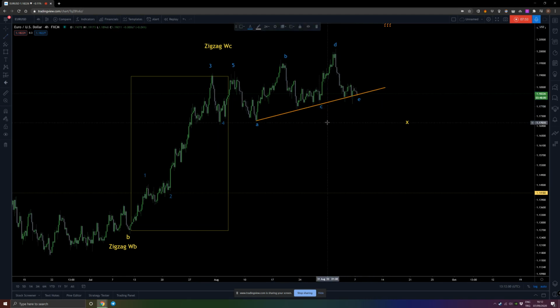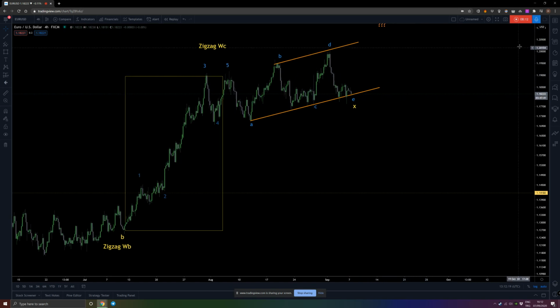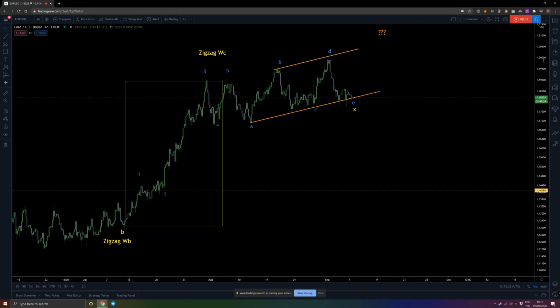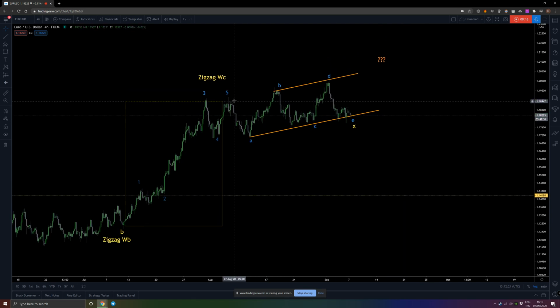Okay, you know, this being a non-limiting triangle, it was supposed to be pierced, which it did, and after this move we will have something like this.